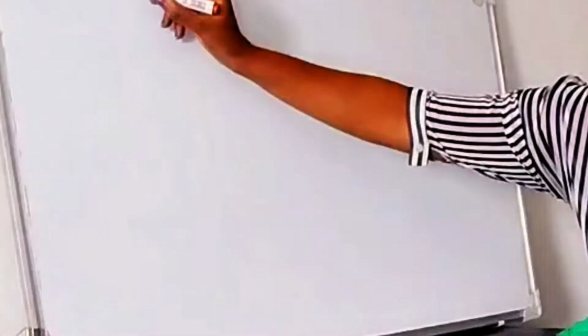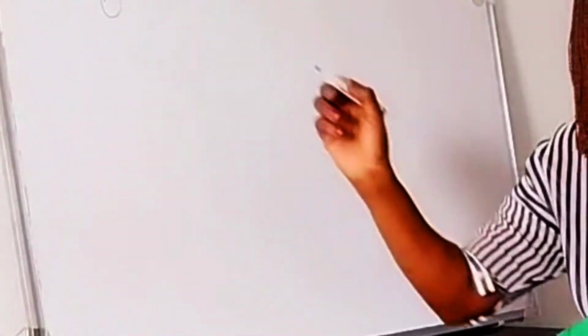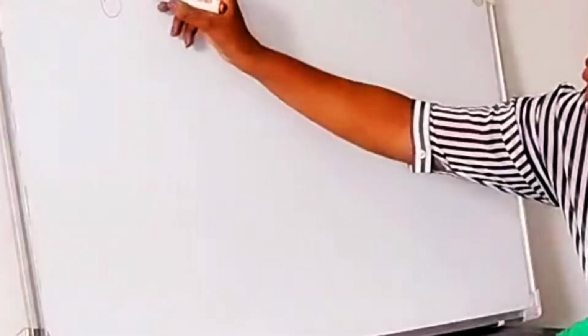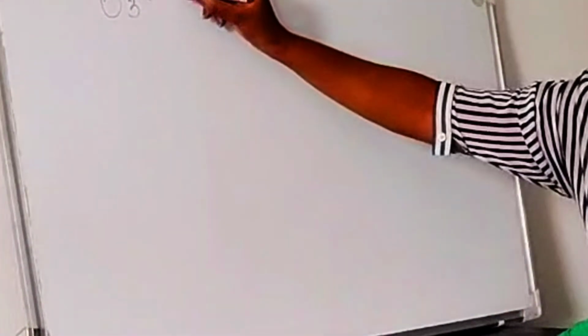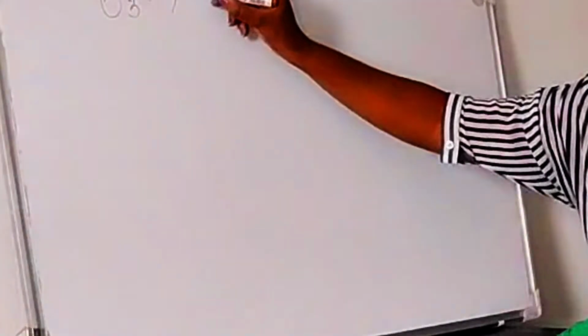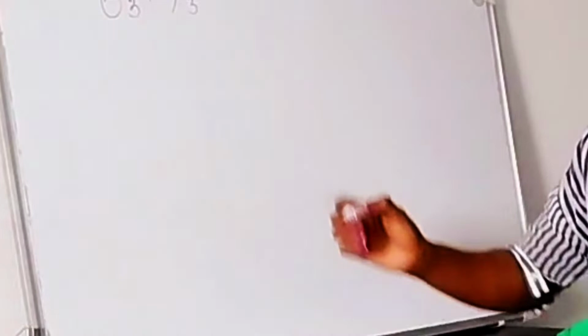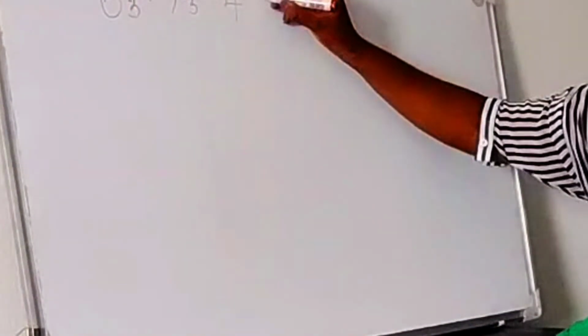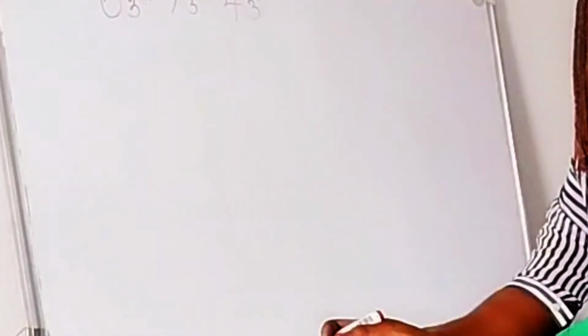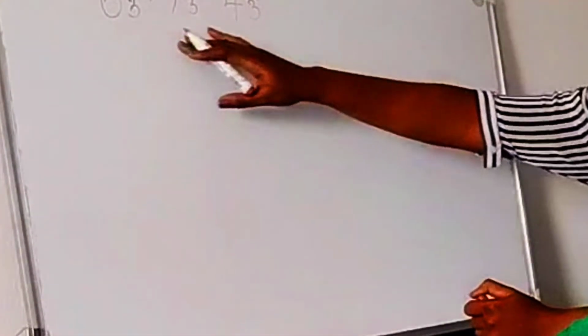So say, what's the first one? 6 whole number 2 over 3, plus 7 whole number 1 over 3, minus 4 whole number 2 over 3. Okay, is that all? Yes. So we're meant to simplify this, right?